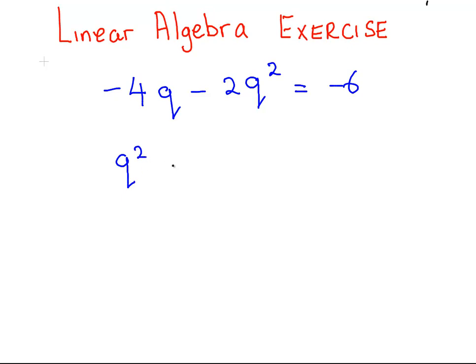So q squared plus 2q, bring the 6 across, we get plus 6, but we're going to divide that by minus 2, so we get minus 3, is equal to 0.